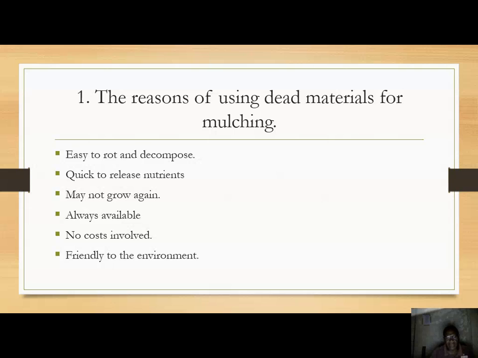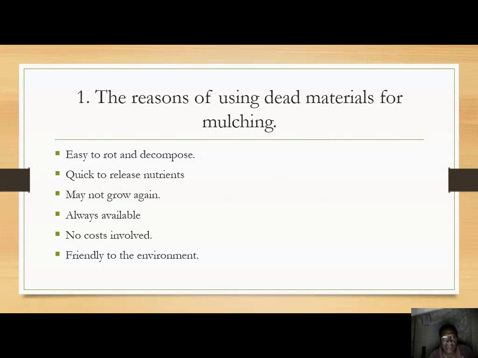The other thing, quick to release nutrients. Because dead materials are already in the form of organic matter, and once it reaches the organic matter stage, the next stage will be humus. And once it reaches the humus stage, then the release of nutrients will occur, and that will support the soil and also the plants.